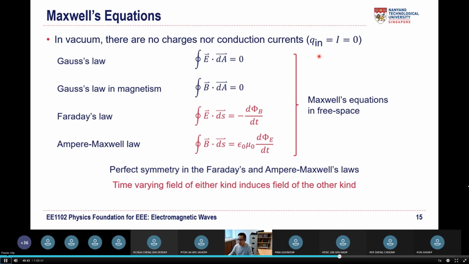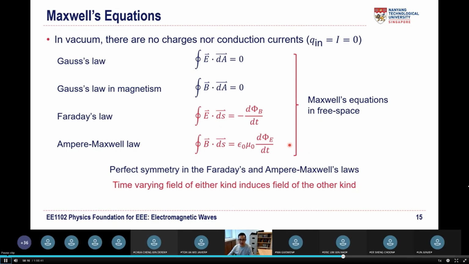If we are in a conductor, of course there are free moving charges, but in vacuum there are no charges and no conduction current. So we can set Q enclosed and I to be 0, and we have these 2 equations, Gauss's law and Gauss's law in magnetism, with 0 on the right side. Then we have Faraday's law with this, and Ampere-Maxwell's law with this, where we don't have I now. And this is called Maxwell's equations in free space.